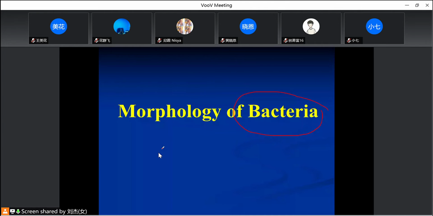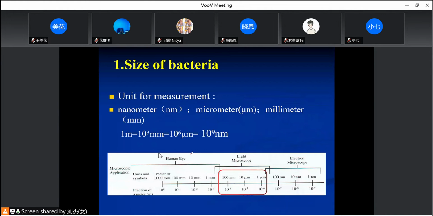So yeah, before we introduce it, maybe you have some ideas in your mind about what the bacteria should look like. After that, let's see. First, let's see the size of the bacteria.